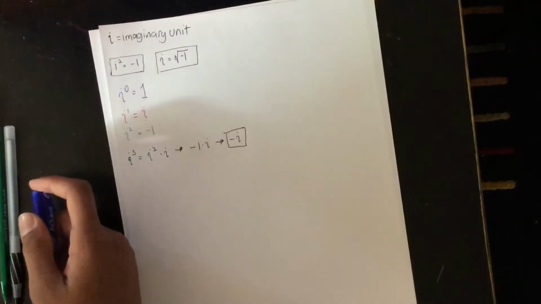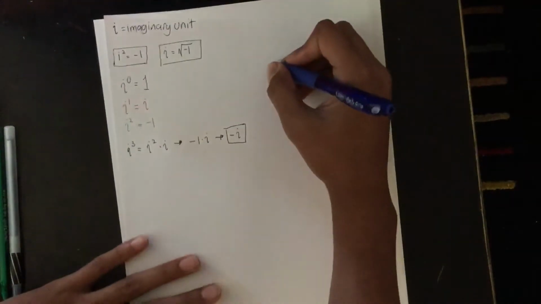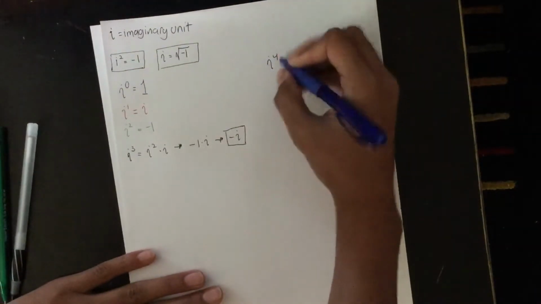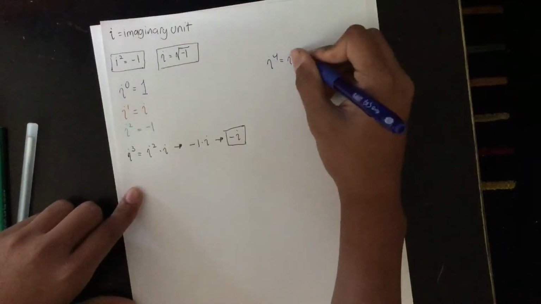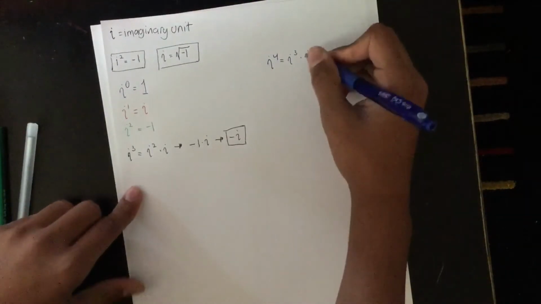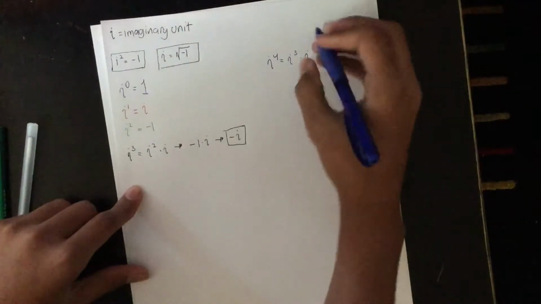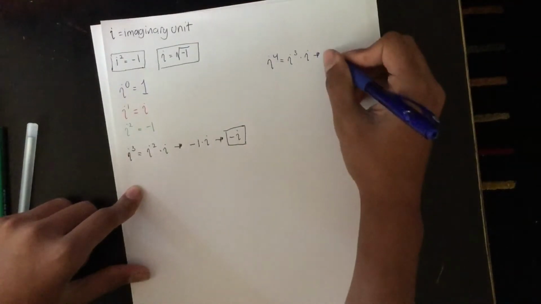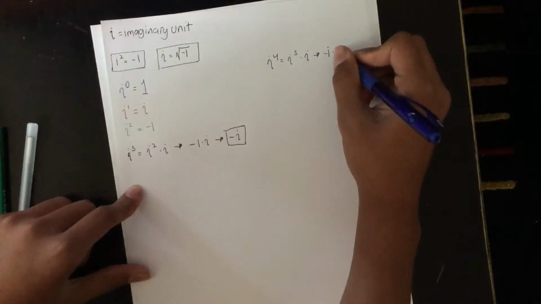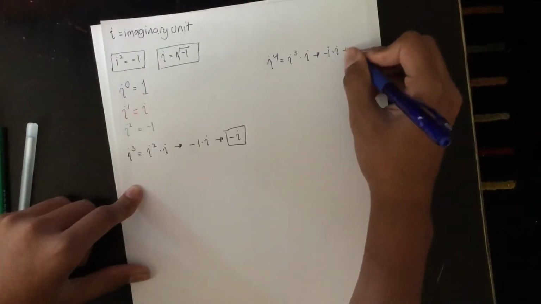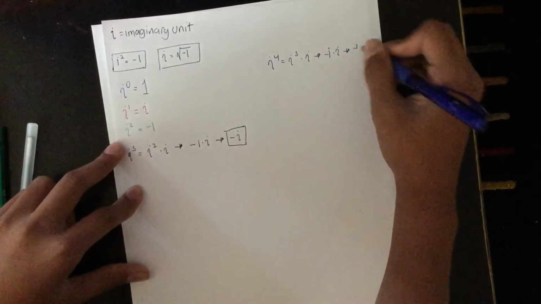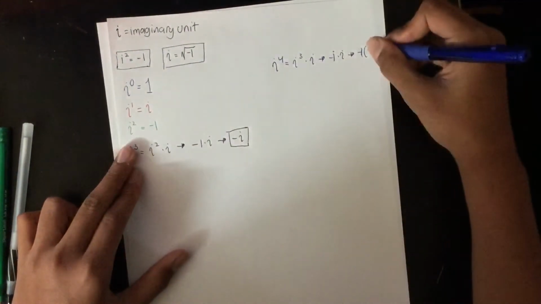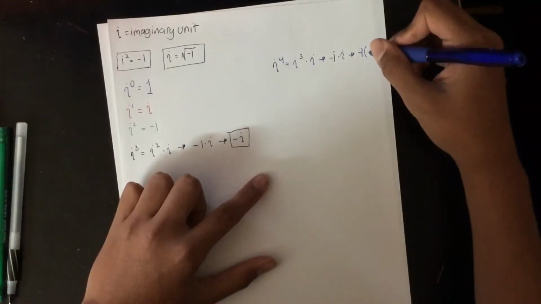Then we're going to go over i to the power of 4. i to the power of 4 is equal to i to the power of 3 times i. Basically you just multiply the previous power by i. i to the power of 3 is -i, times i, which is -1 times -1 times i, which is i squared.